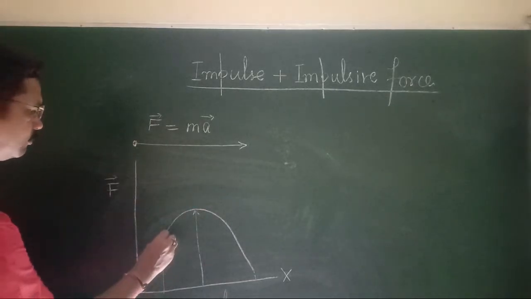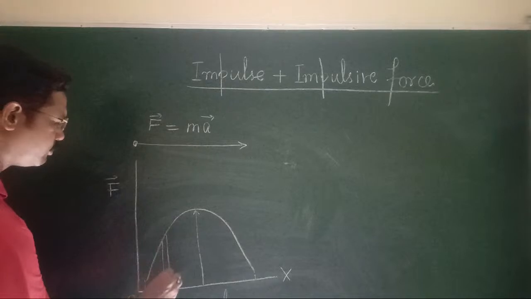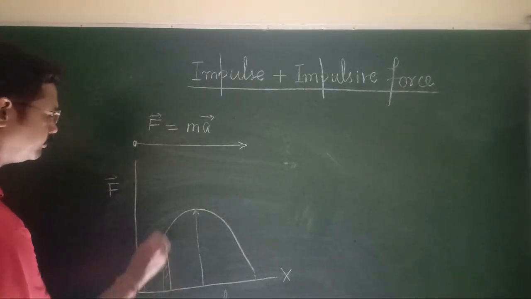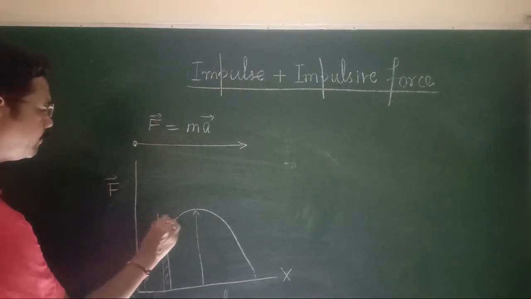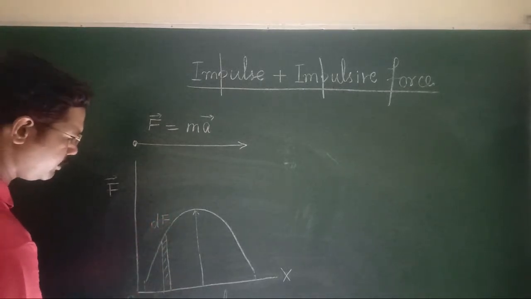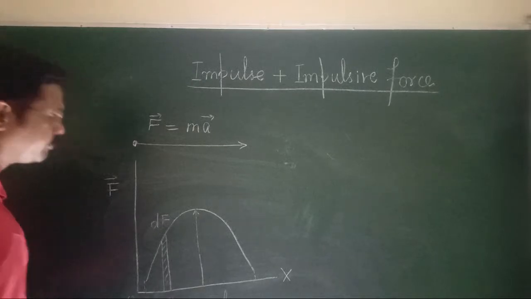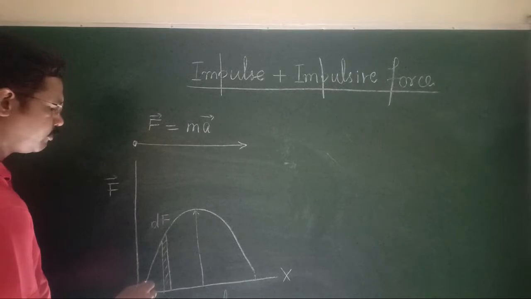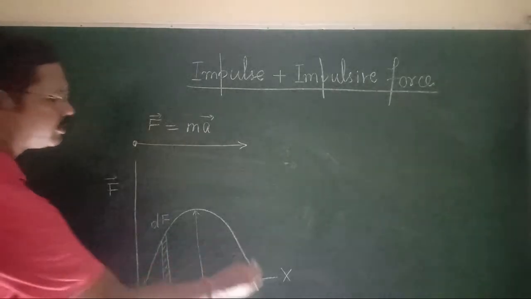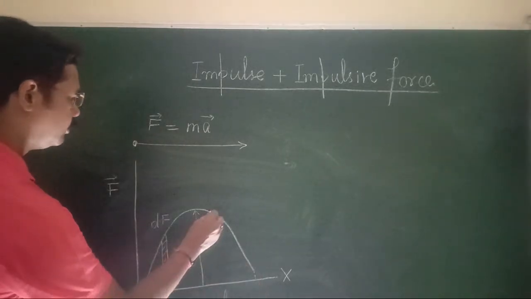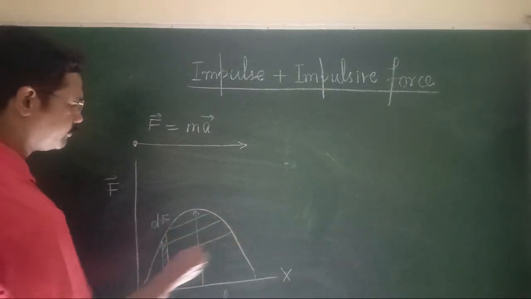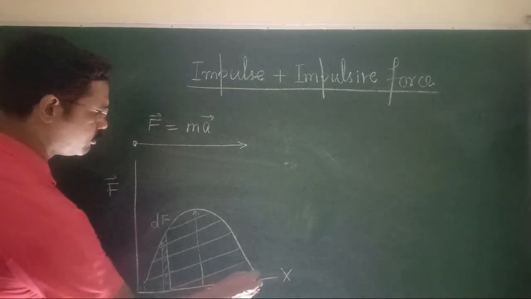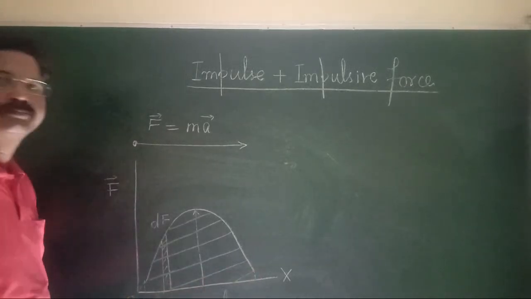So there is a small force, you can say dF, there is a small time, you can say dt, and in the entire journey from 0 to t time period, this is the actual graph of the entire journey, the role of force with a certain time.